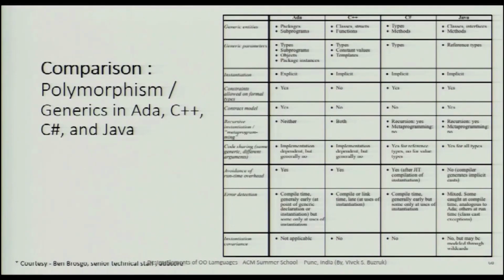For example, every time a generic is implemented, a duplication happens. What does it mean? I have a generic which allows me to set the type parameter as integer, float, etc. Whenever I instantiate it, the compiler will actually duplicate the code and create a separate subroutine for integer and a separate subroutine for string.